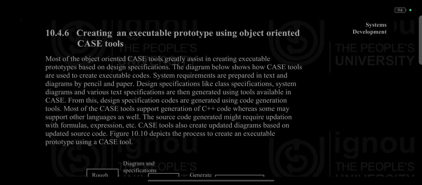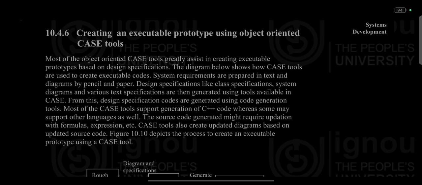System requirements are prepared in text and diagrams by pencil and paper. Design specifications like class specifications, system diagrams, and various text specifications are then generated using tools available in CASE. From these design specifications, code is generated using code generation tools.